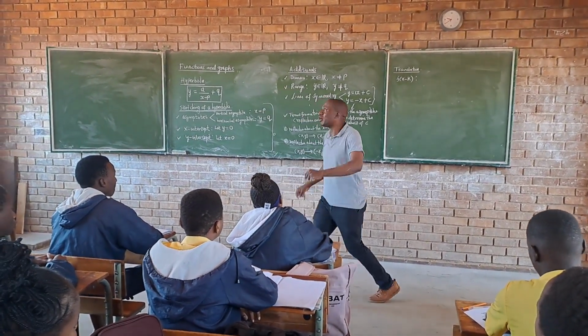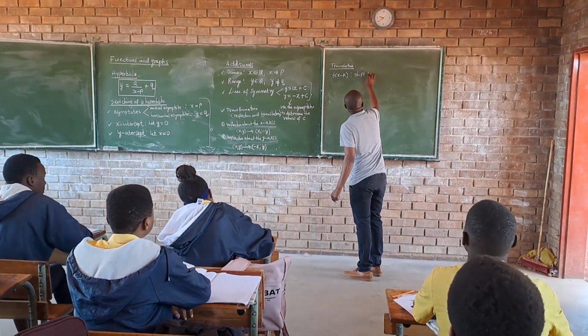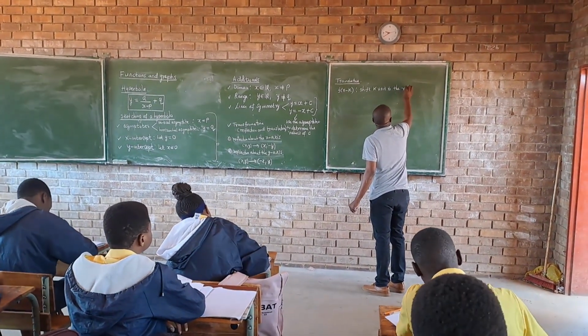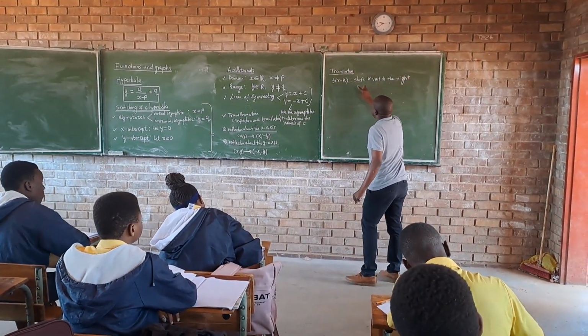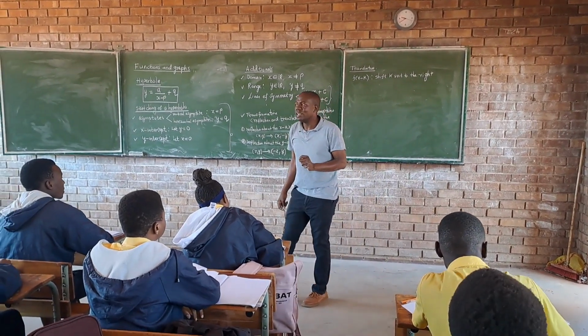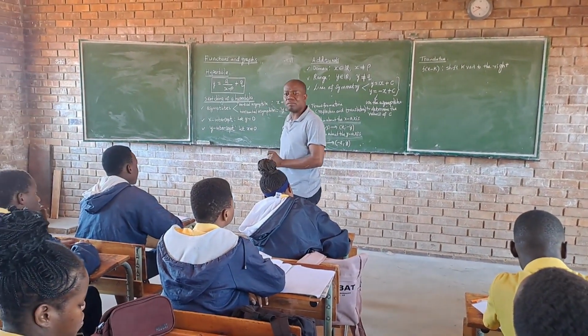K units to the right because of the minus. So the graph will shift k units to the right, because it's a minus.